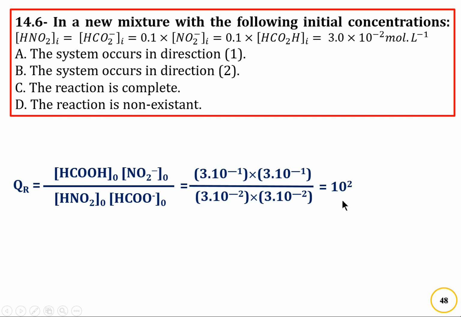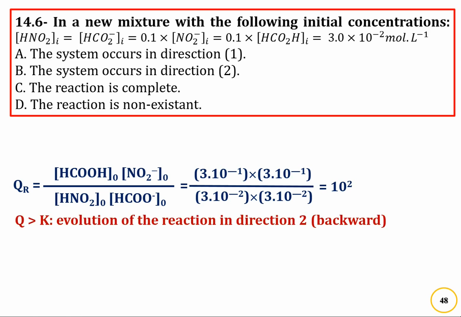Now we compare Q to the value of K of the reaction. Q is greater than K, Q equals 10 to the power 2 and K equals 4. So Q is greater than K, so the reaction will shift backward in direction 2, and the answer is B. In C, it was proposed that the reaction is complete.